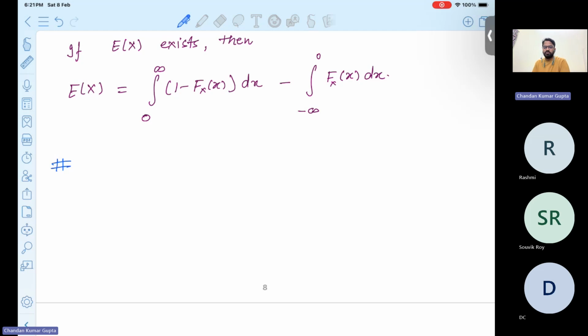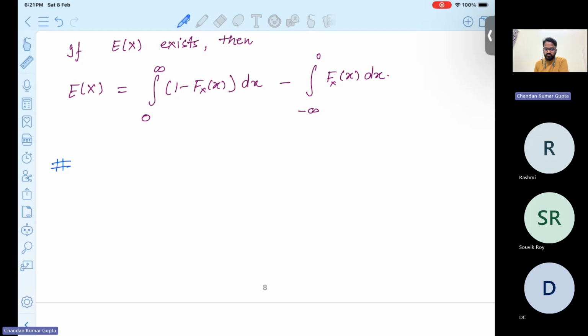The moment about the origin is called the non-central moment, and the moment about the mean is usually called the central moment. The moment about the origin is the expected value of the random variable X, also known as the mean or expectation of X.